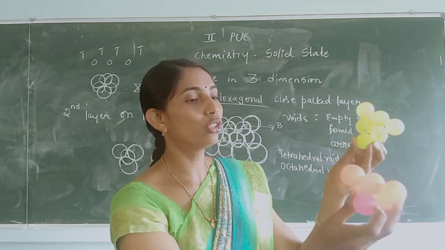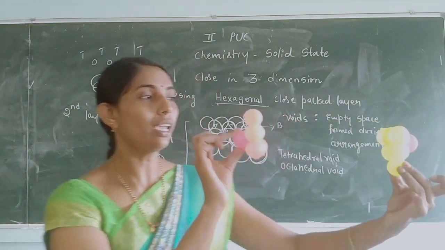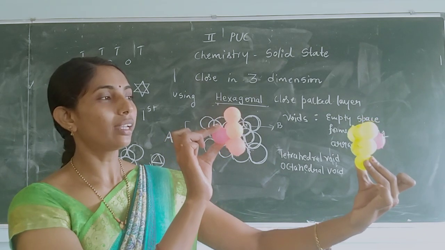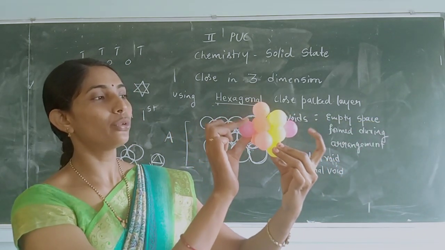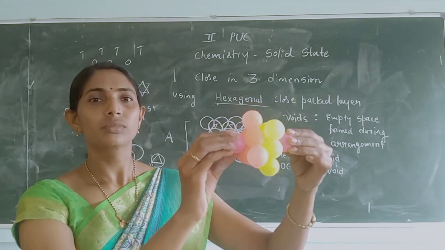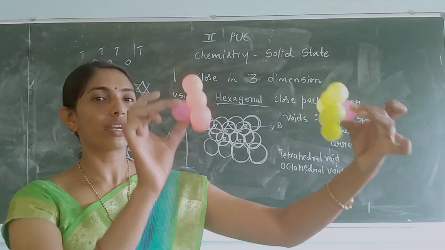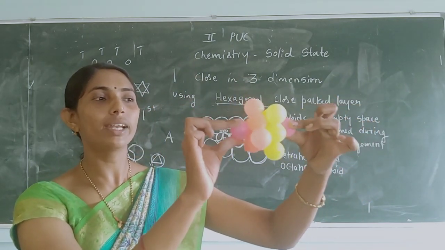When you join the two tetrahedral voids together, it gives you the octahedral void at the center. Correct? Two tetrahedral voids give you one octahedral void at the center.